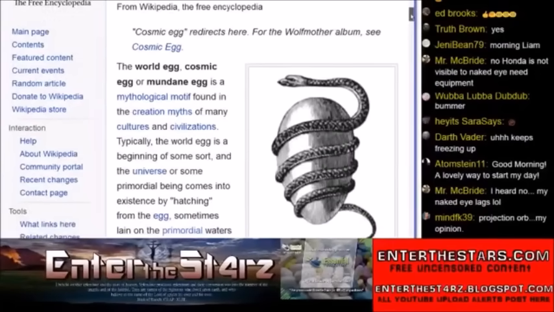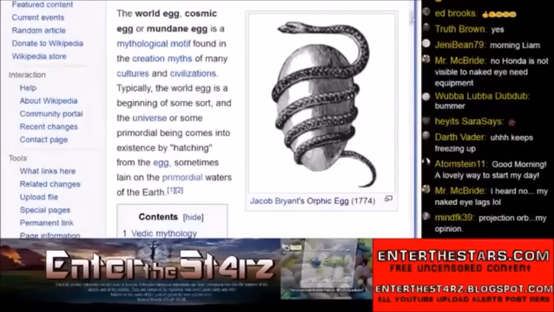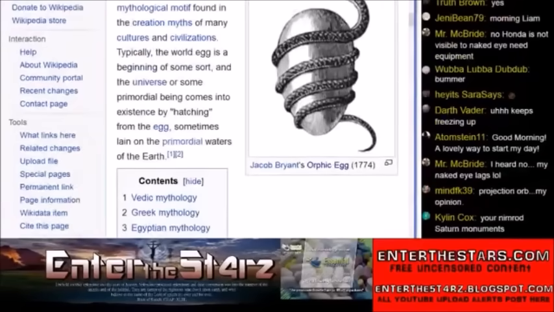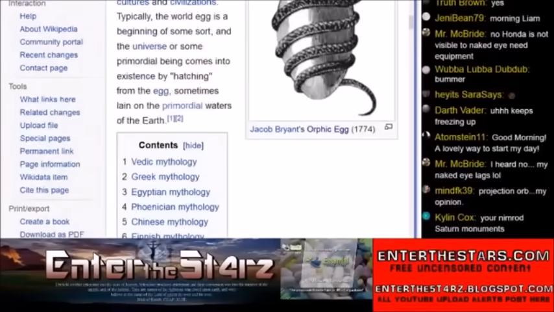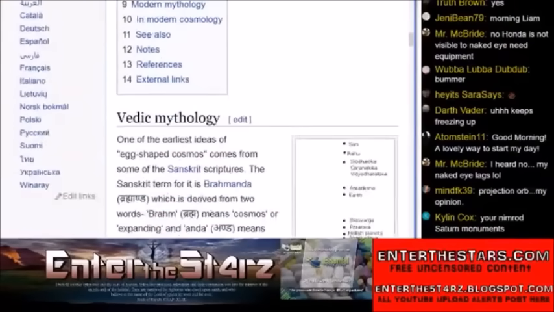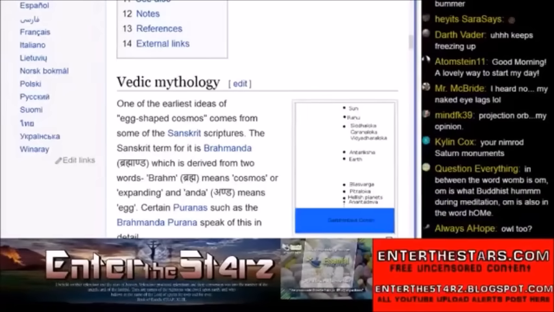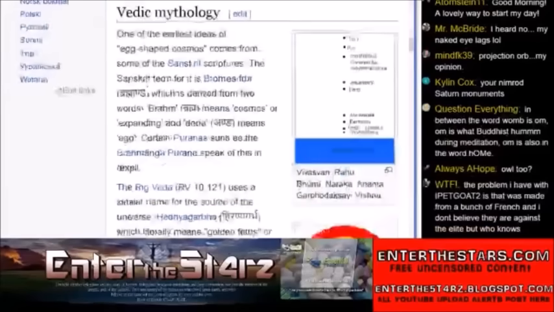It says here the world egg, cosmic egg, or mundane egg is a mythological motif found in the creation myths of many cultures and civilizations. Typically, the world egg is a beginning of some sort in the universe or some primordial being coming into existence by hatching from the egg, sometimes laying on the primordial waters of earth. Vedic mythology says that one of the earliest ideas of an egg-shaped cosmos comes from the Sanskrit scriptures.